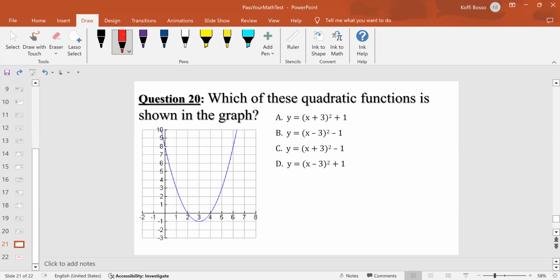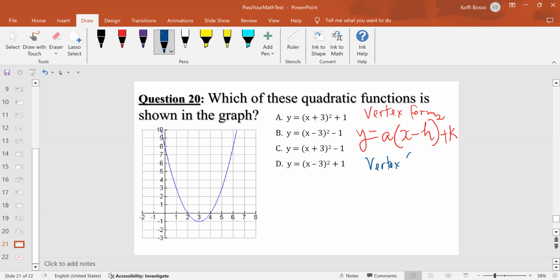Again, many methods. There is a formula for quadratic function in this form. We call it vertex form. For vertex form, you have y is equal to a parenthesis x minus h close parenthesis squared plus k. And we have a vertex as a coordinate.